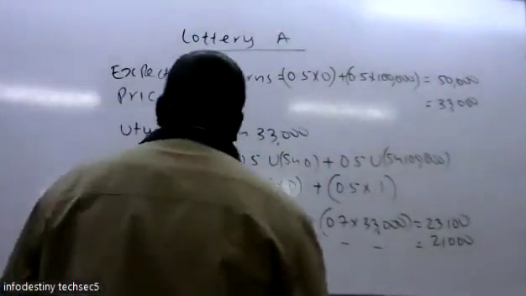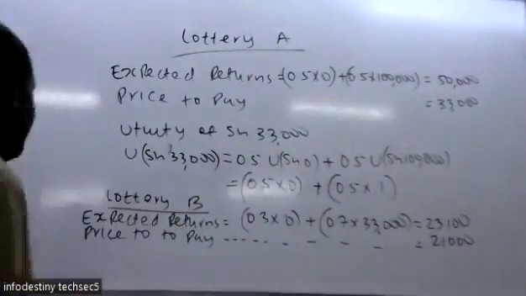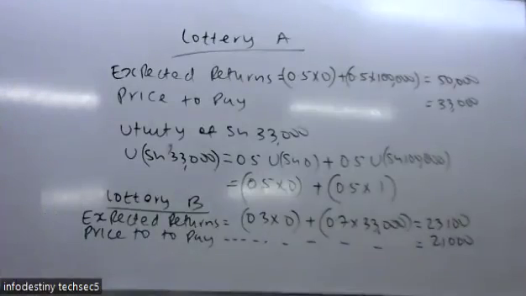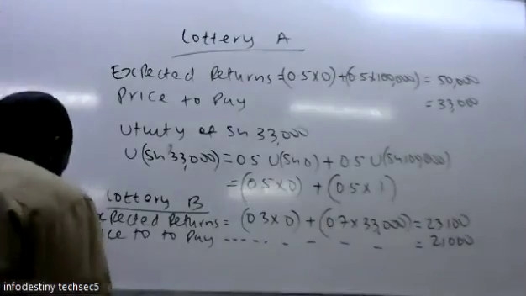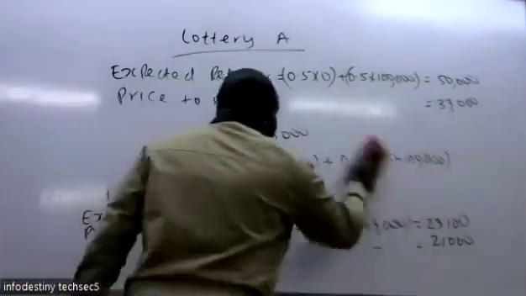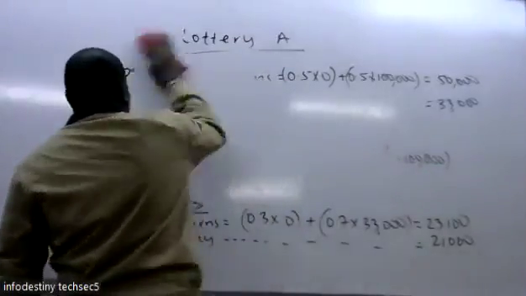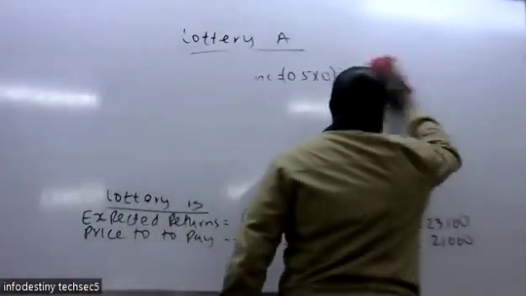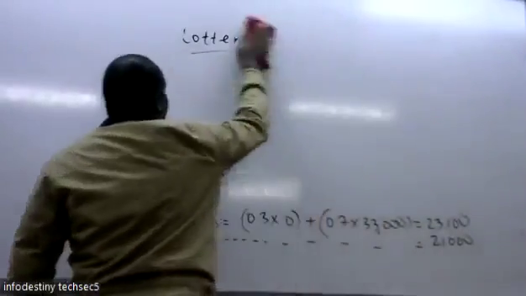So now we want to compute the utility of the 21,000 shillings.